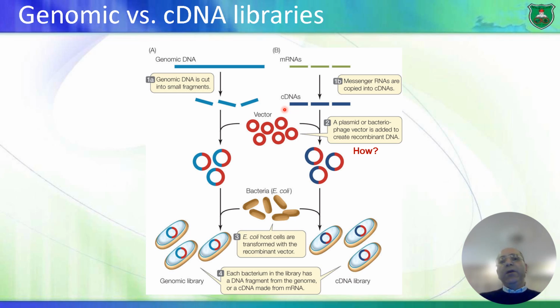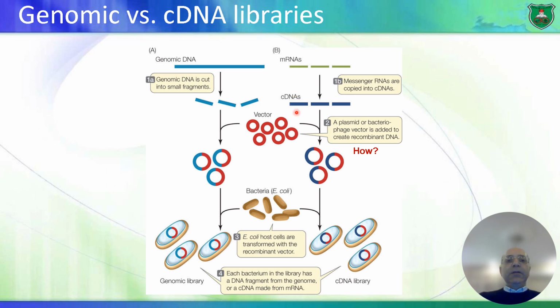So we take this viral reverse transcriptase, and this is the enzyme that converts messenger RNA into cDNA. It can convert actually any RNA molecule into DNA. So it's the reverse of transcription. Okay, and that's why we call it reverse transcriptase. So we convert messenger RNA to cDNA.